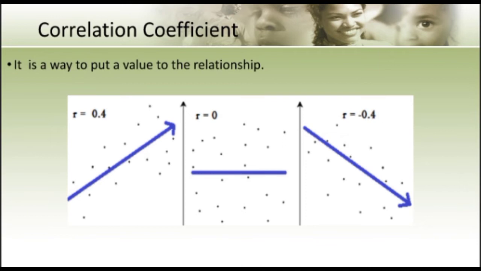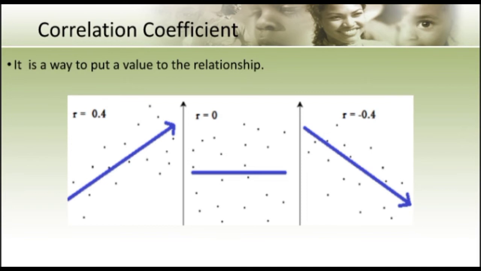A 0 means there is no relationship between the variables at all, while -1 or 1 means that there is a perfect negative or positive correlation, which refers to the type of graph the relationship will produce. This is the picture na nakikita niyo sa screen. Yan yung example.